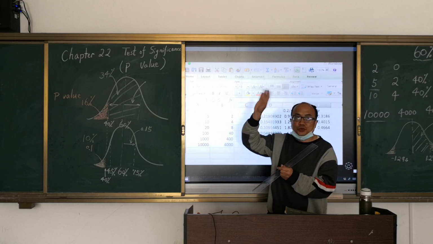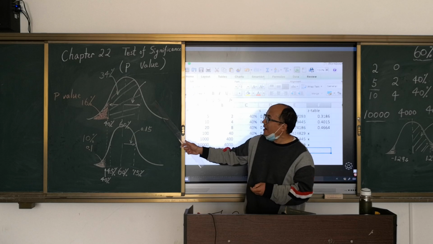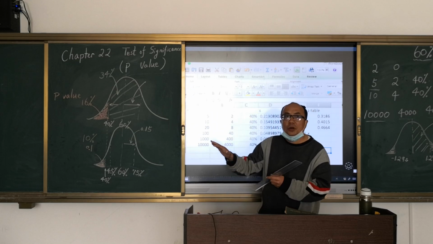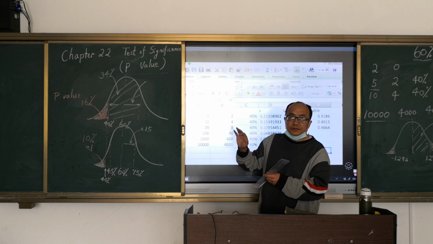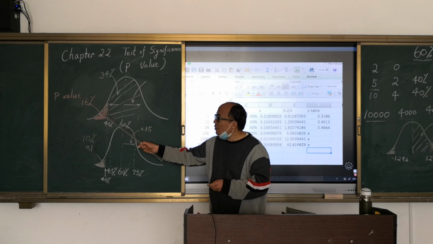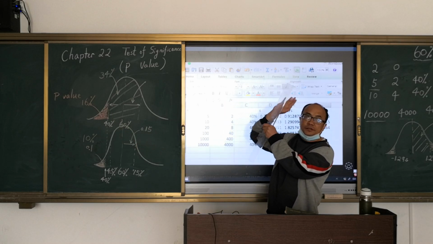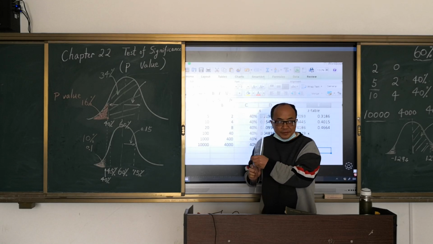Here you only shoot 5 times. When you only shoot 5 times, you have more chance to have a lower performance. Shooting 10 times is still not many.